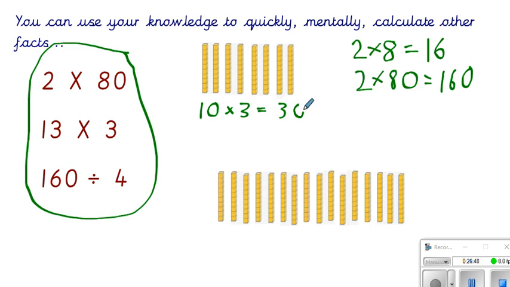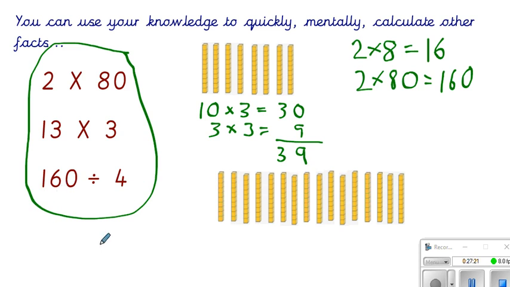And I also know what 3 times 3 is, because I know my 3 times table. 3 times 3 is 9. So 10 times 3 plus 3 times 3 will give me 13 times 3. 30 plus 9 is 39. See how I used what I already know to work out the answer?